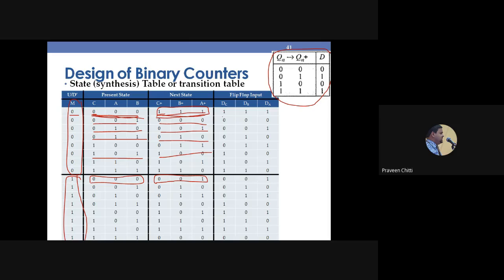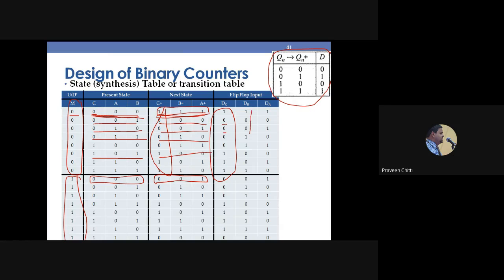Similarly, 0 0 means it should be 0. So in short, whatever is the next state, the same thing you should write as the D input. Similarly, for B plus and C plus, if you write, you will get the flip-flop inputs. So what should be the DC input? We got here 1 0 0 0 0 1 1 1, then 3 zeros, then 4 ones, and again 0.